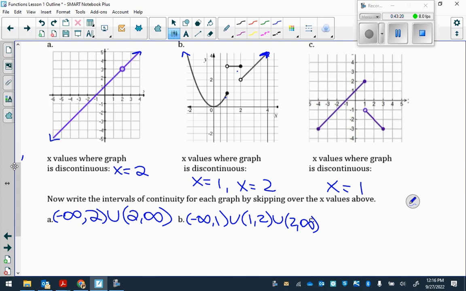How about the next one for C? Do your first line, the first line on the left. Go ahead. Careful. X values. Perfect. Good.